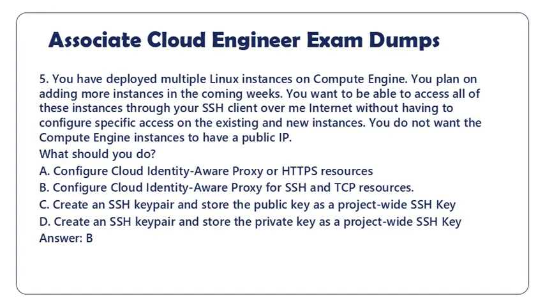A. Configure Cloud Identity-Aware Proxy for HTTPS resources. B. Configure Cloud Identity-Aware Proxy for SSH and TCP resources. C. Create an SSH key pair and store the public key as a project-wide SSH key. D. Create an SSH key pair and store the private key as a project-wide SSH key. Answer: B.